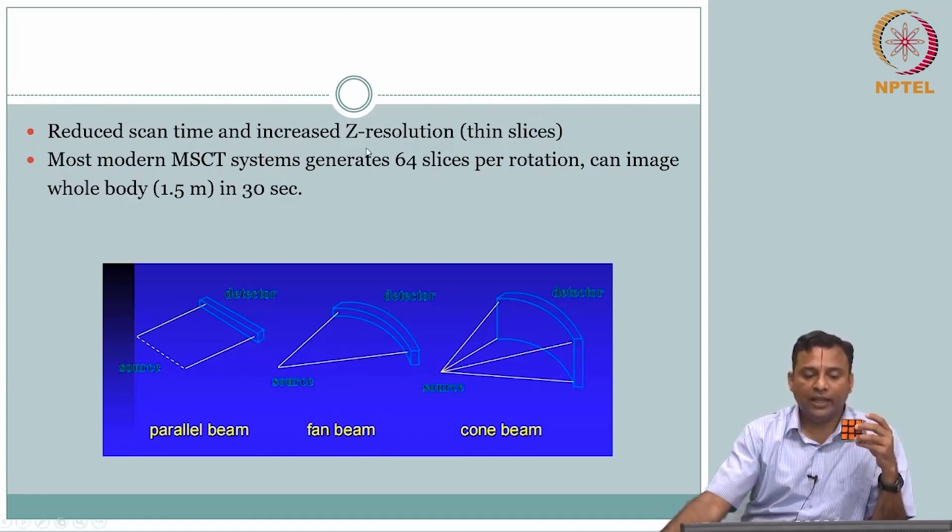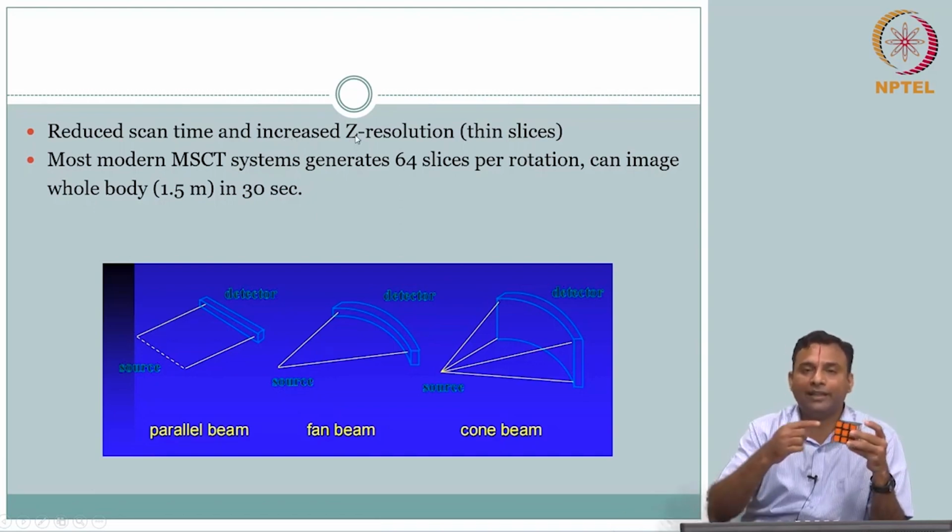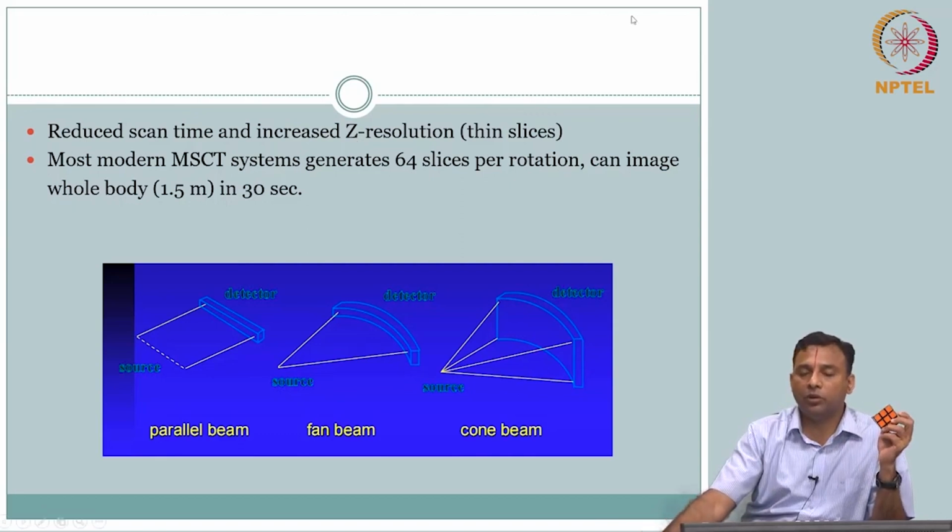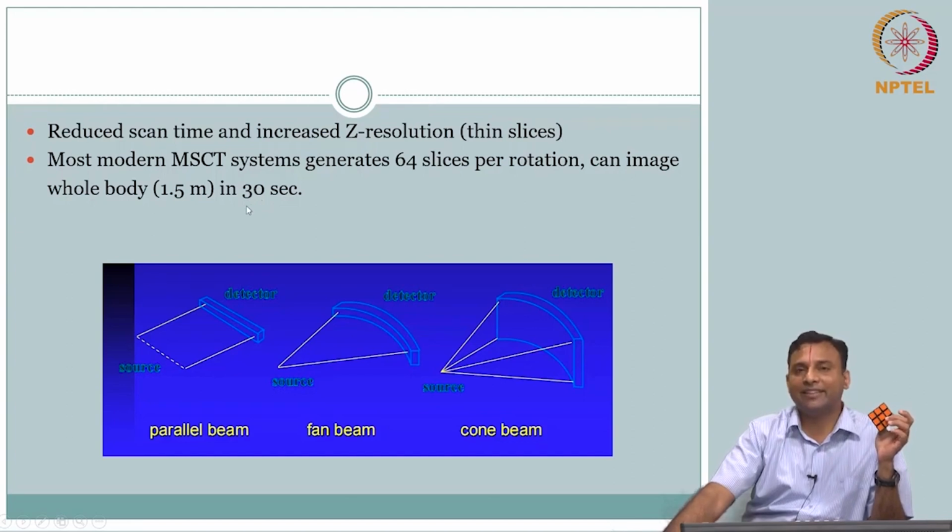So we can get reduced scan time and increased resolution. If you have multiple detectors, slice thickness can be improved, because that will be about the size of the detector. So you can get 64 slices per rotation. Look at this, whole body in about 30 seconds. So powerful.